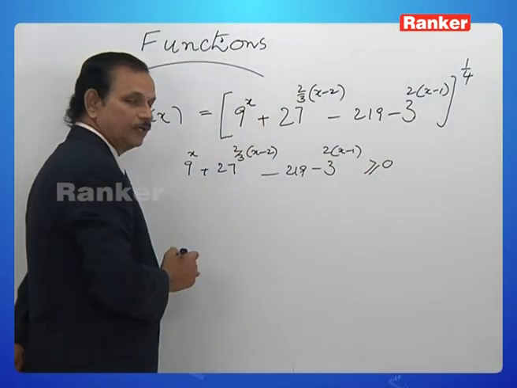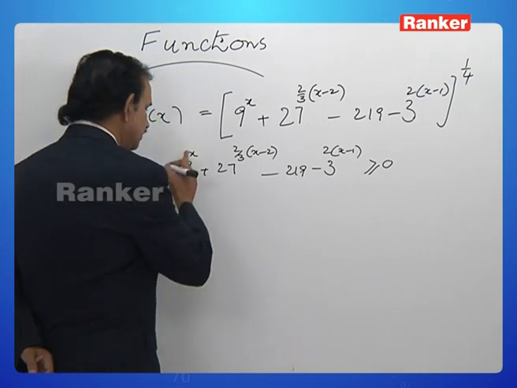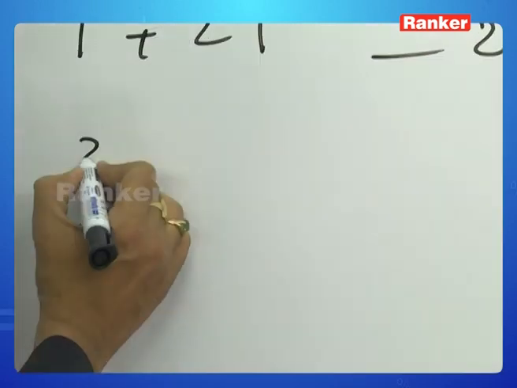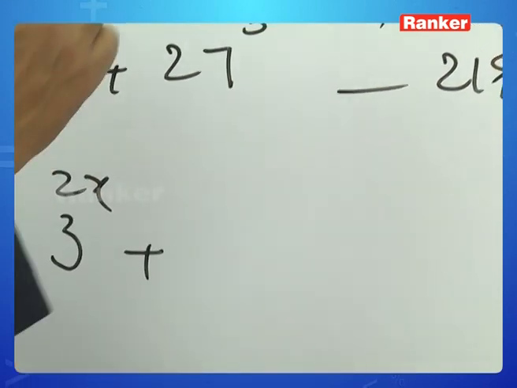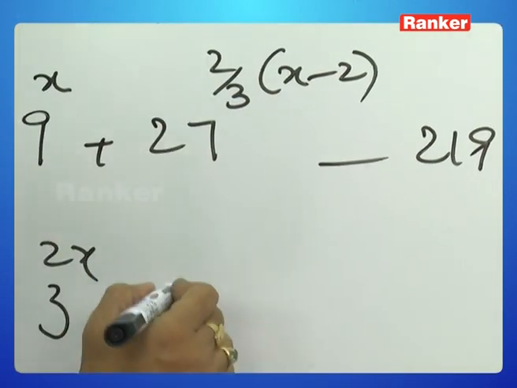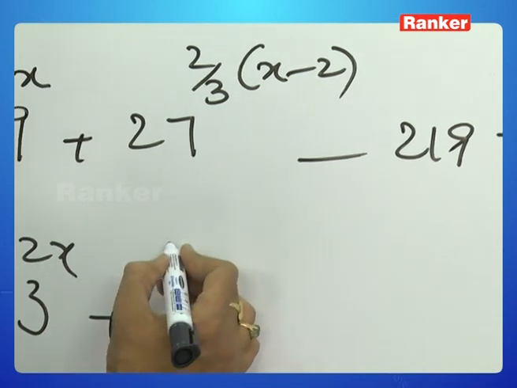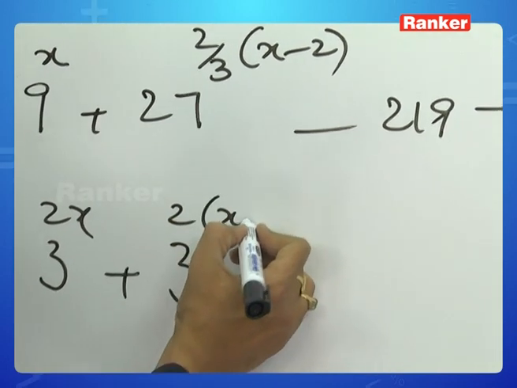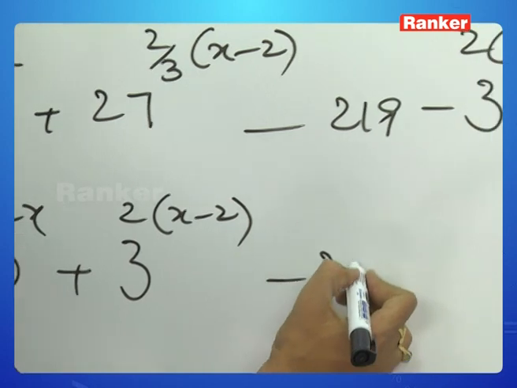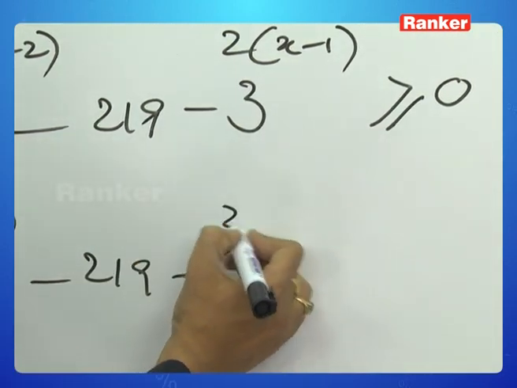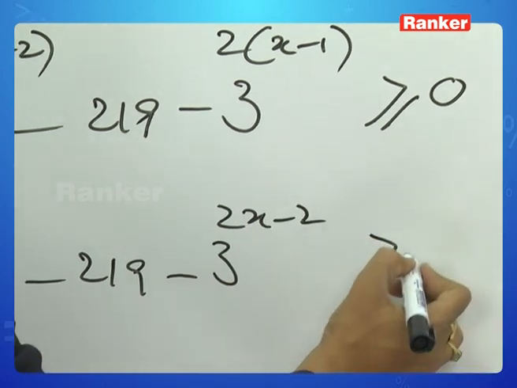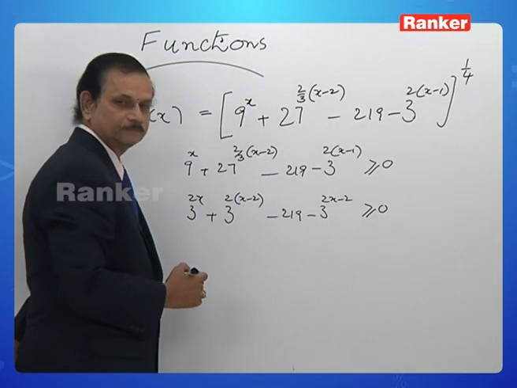This 9, you can write as 3 square. 3 square power x is 3 power 2x, plus 27 is 3 cube. That 3 and this 3 will cancel, leaving you 3 power 2 into x minus 2 minus 219 minus 3 power 2x minus 2 is greater than or equal to 0.